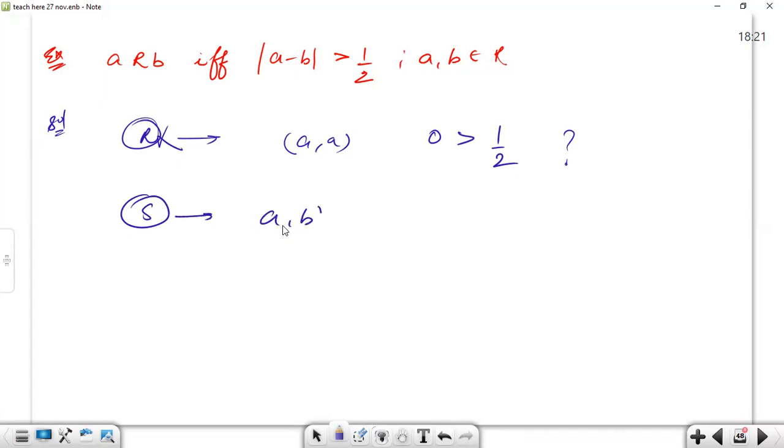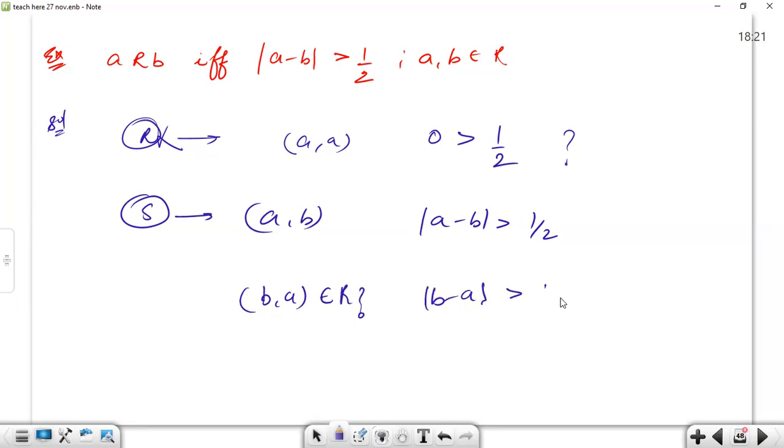Symmetric: if we take two numbers whose difference is greater than half, and we check whether (B, A) belongs to the relation or not, then B minus A must be greater than half. So is it similar to writing A minus B? Because modulus is there, right?